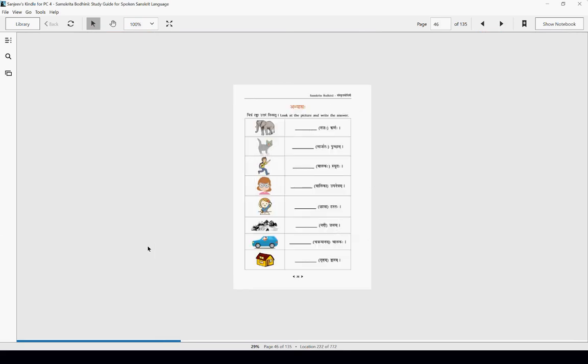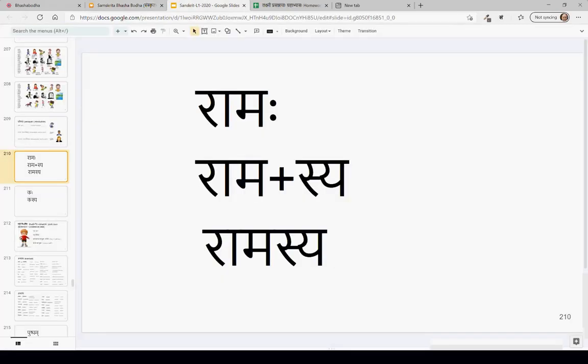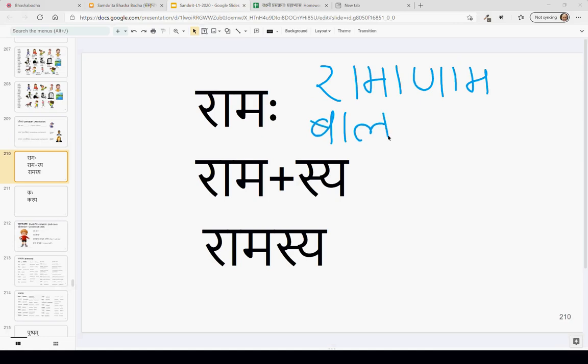The Shashti Vibhakti Bahuvachana forms of these three or four types are what we are interested in. One is Rama, Akaranta Pullinga, which becomes Ramanam. In the case of Balakanam, the na doesn't change, so Balakanam.